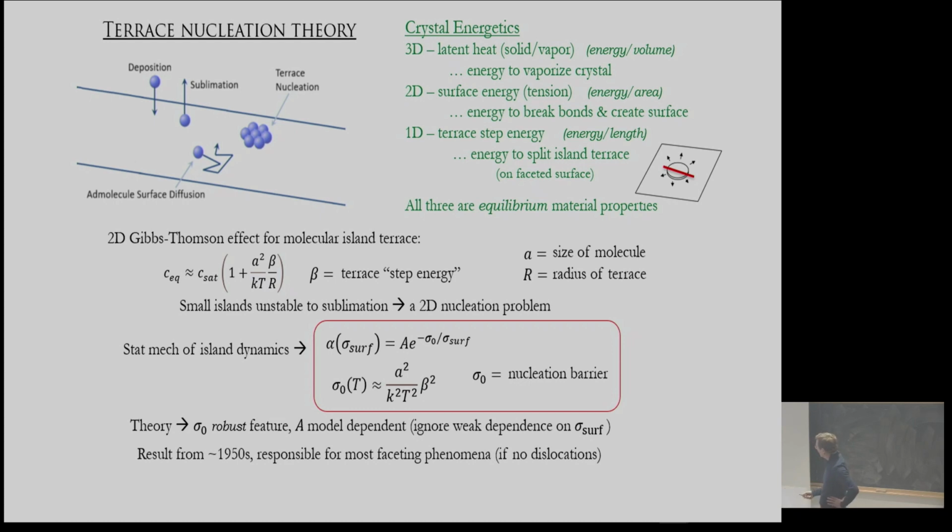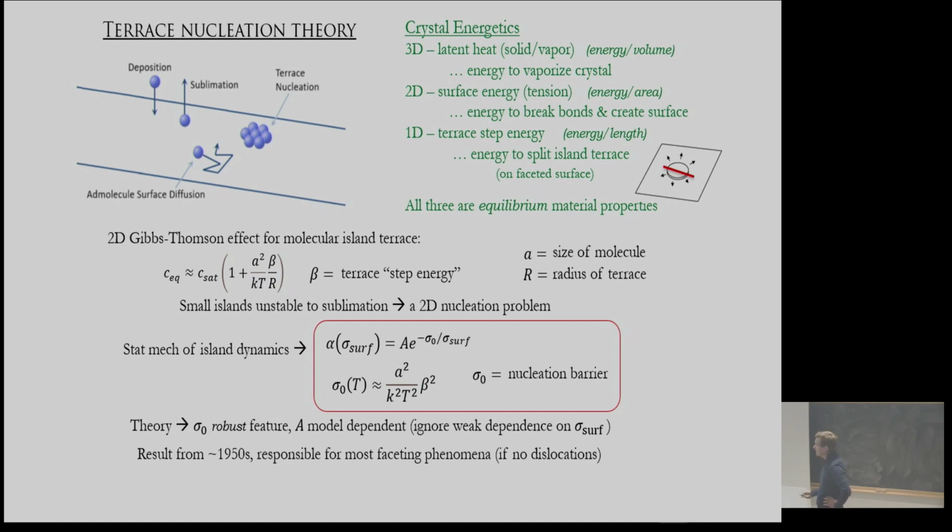The molecule is not a sphere, so there's a bit of a constant there. But we're going to ignore that constant, call it 1, and just absorb that into the step energy, which we're going to measure, so we don't really know what it is a priori. And so that's what I call a robust feature of the theory.